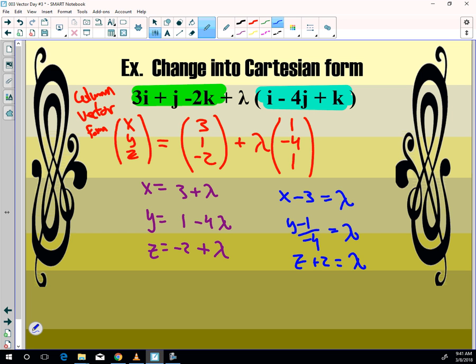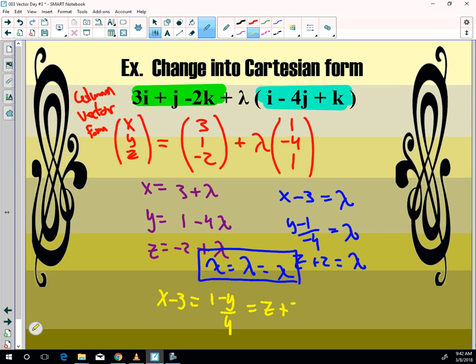So then if the lambdas are equal to each other, then you can just go x minus 3 equals, if you don't mind, I'm going to go 1 minus y over 4, just to make it look a little less awkward, equal to z plus 2.